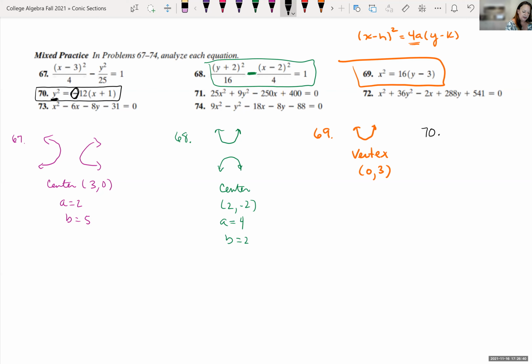This value in here is negative, so it's going towards the negative direction, so it would be going this way. It's in that form, again, that I can tell where my vertex is. The vertex (h, k): h is -1, and it's y squared with no k value, so k is 0.